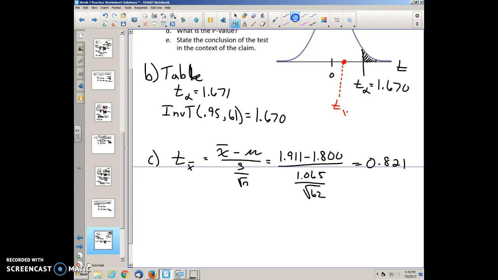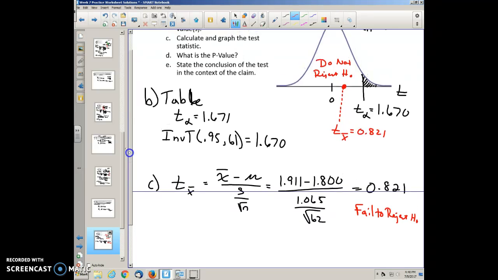So here's our t sub x bar, 0.821. It is in the do not reject null hypothesis region. So we fail to reject the null hypothesis. You don't need the p-value to come up with the conclusion.